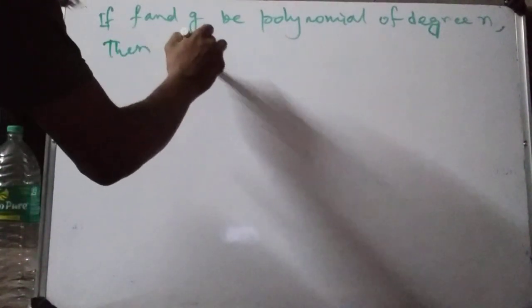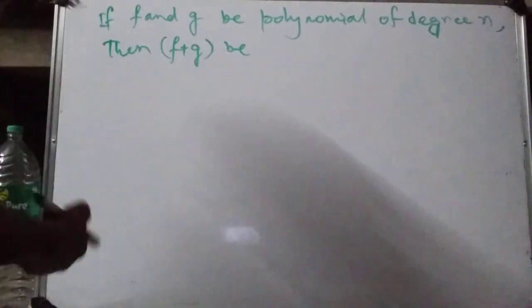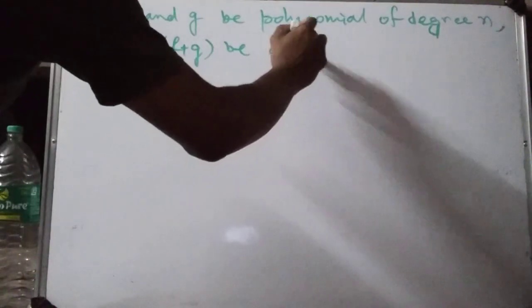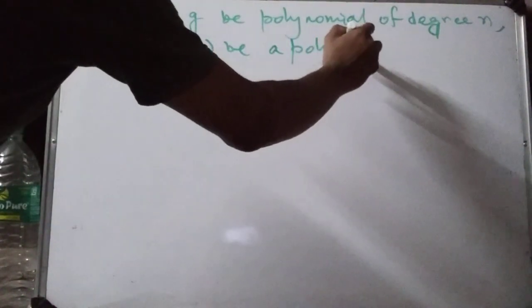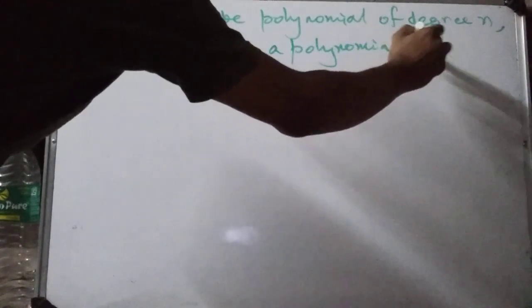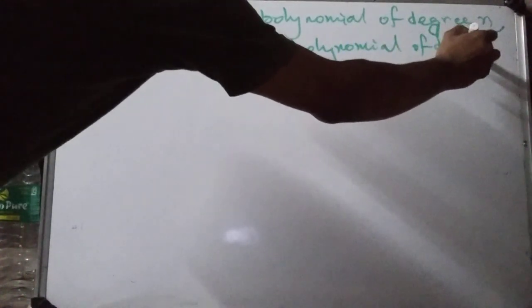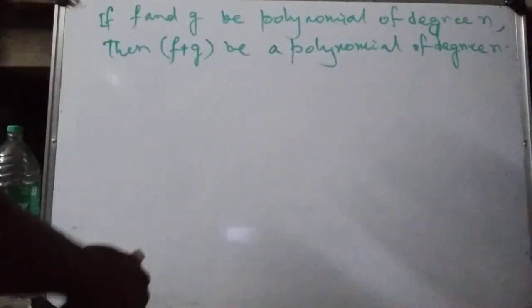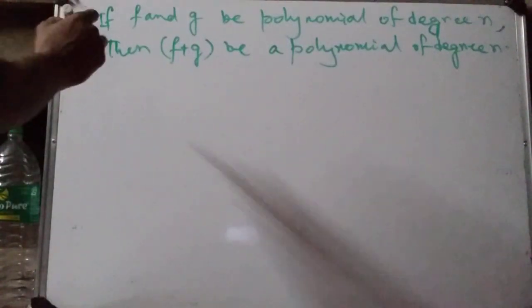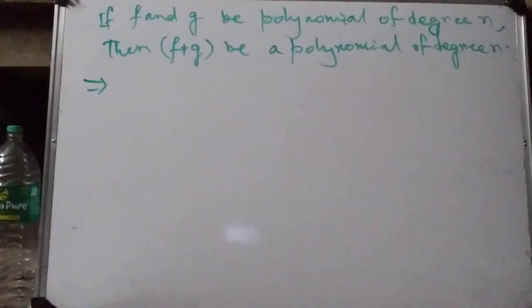Then f plus g is a polynomial of degree n. Is this true or false? We discuss today.